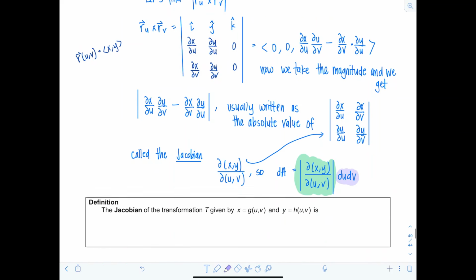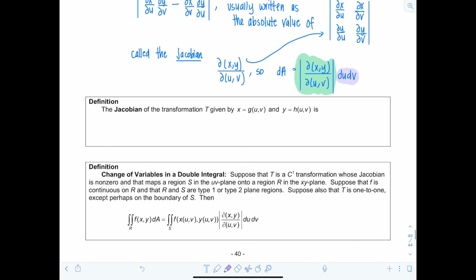Cool. So here's our formal definition. Let's put it all together. The Jacobian of the transformation T given by x equals g of u, v and y equals h of u, v is as follows. You have ∂(x,y)/∂(u,v) equal to the determinant, that's why we've got those straight lines: ∂x/∂u, ∂x/∂v, ∂y/∂u, ∂y/∂v.